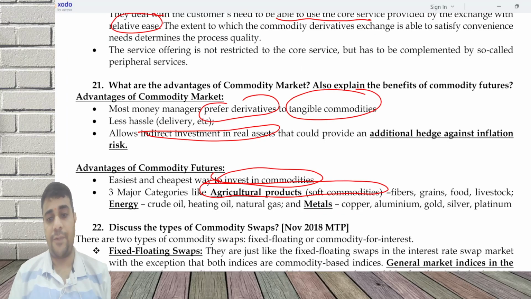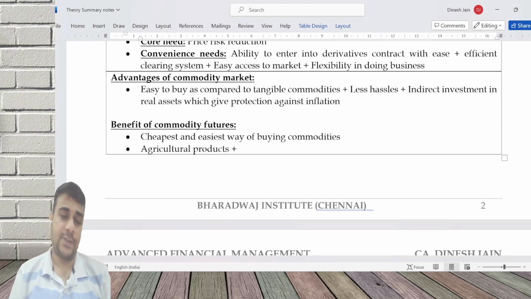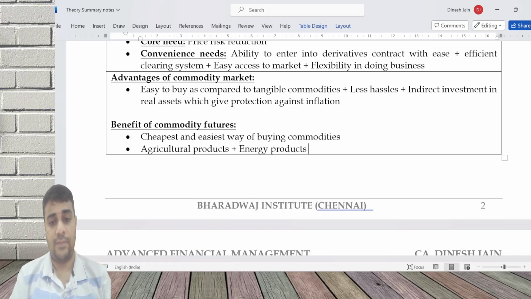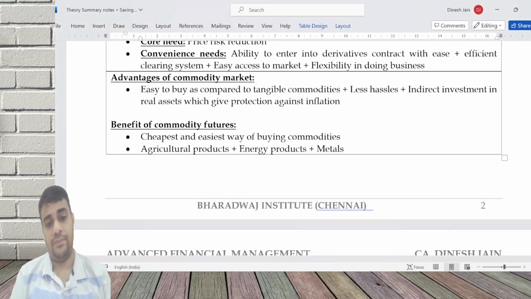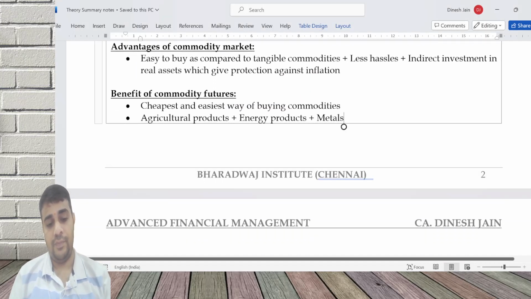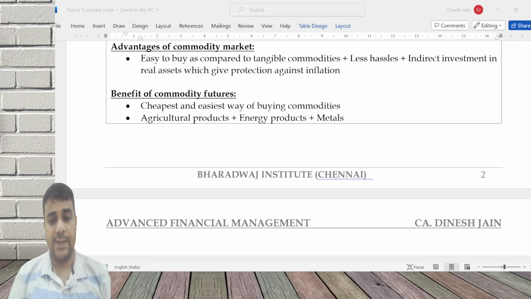We have three types of commodities: agricultural products, energy products, and metals. The cheapest and the easiest way of buying the commodities is through commodity futures. That makes it easier for you to buy.